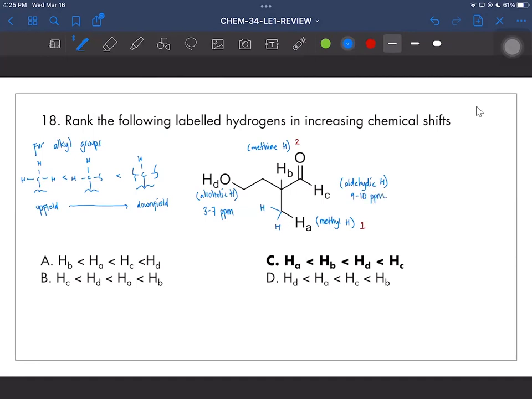Therefore, if we compare yung shifts nila, our third would be yung alcoholic H, and our last would be the aldehyde H. So if we follow our ranking, it would be HA, followed by HB, followed by HD, and lastly, yung pinaka-deshielded natin, yung pinaka-malaking chemical shift would be HC. So our answer would be letter C.